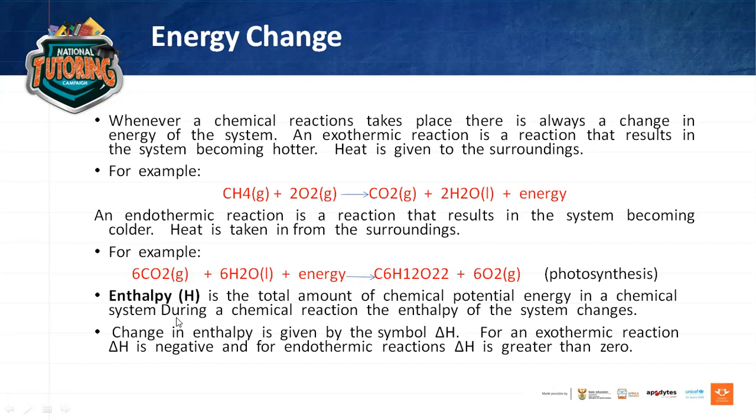So that's why we have enthalpy, and it's going to change in the different stages. The change in enthalpy is given with the symbol triangle H. For an exothermic reaction, the triangle H, which is the change in enthalpy, is negative, and for an endothermic reaction, the change in enthalpy will be greater than 0, which means basically it will be positive.